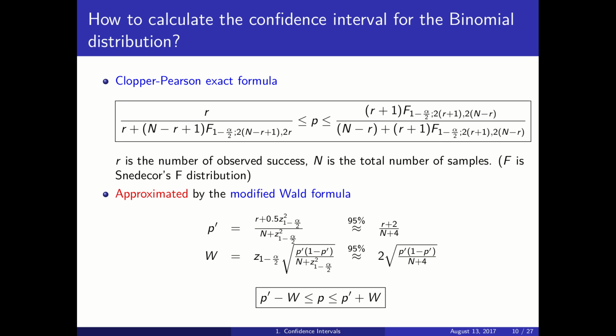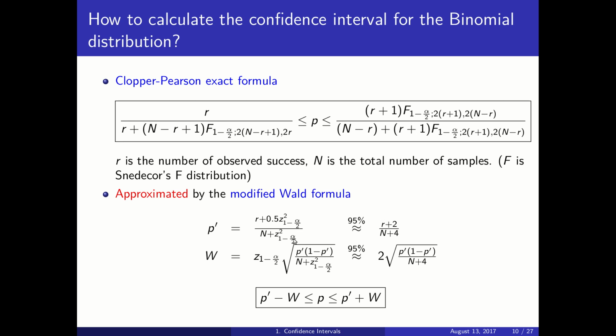And since this is too complicated, there are simplifications, and these are some of the simplifications. So for instance, we can construct a confidence interval that is symmetric. So the true proportion is between P prime minus W and P prime plus W. And this P prime is calculated like this.